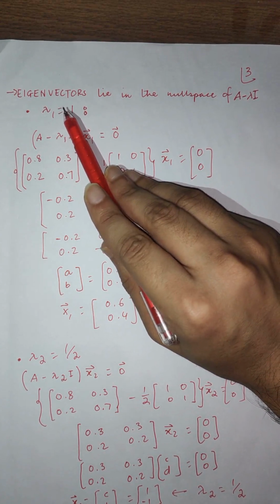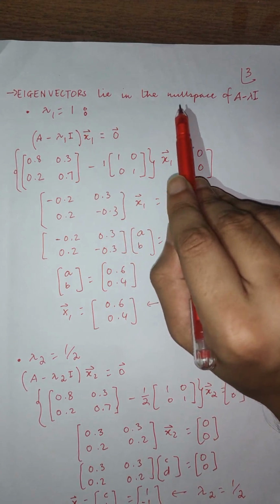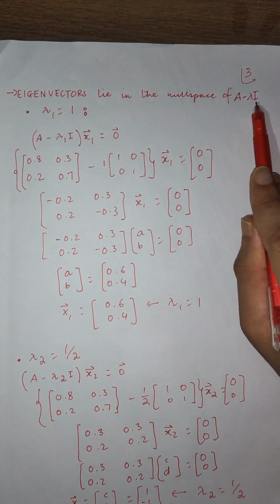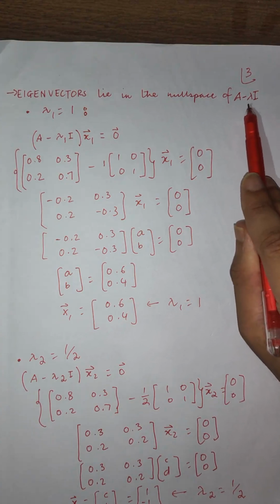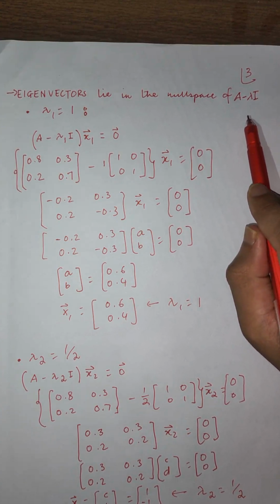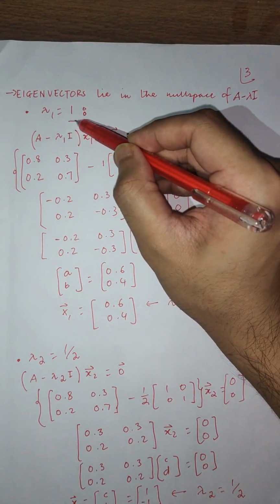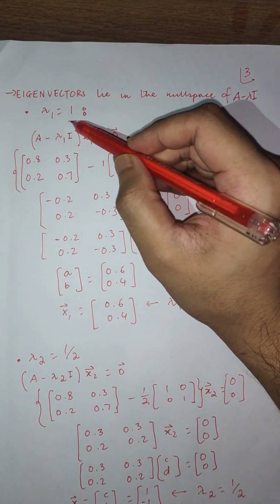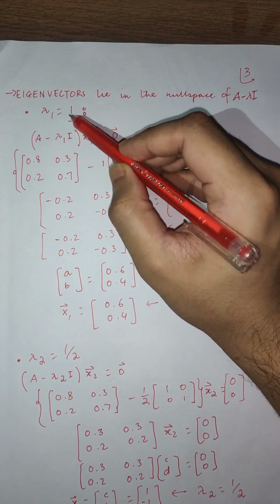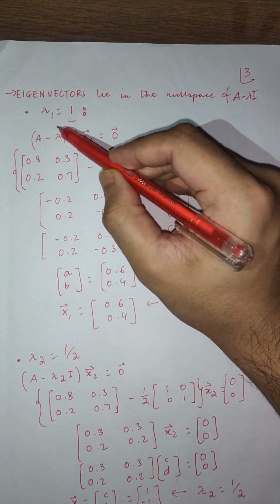They're actually vectors that lie in the null space of this matrix right here, A minus lambda I. Okay, let's do that for the first eigenvalue, which we had as 1. So the first eigenvalue was 1. Let's try to find the eigenvector for this eigenvalue.